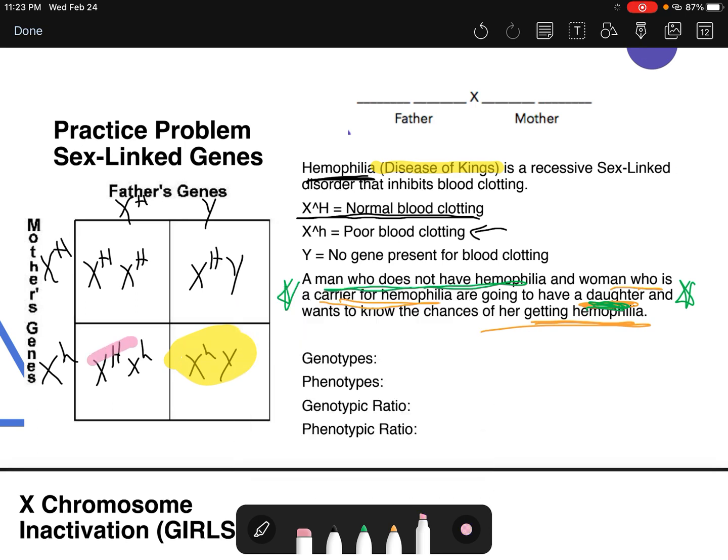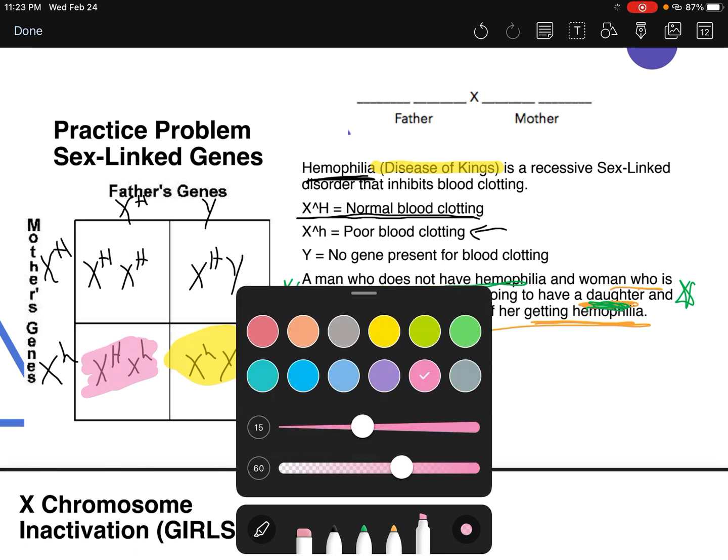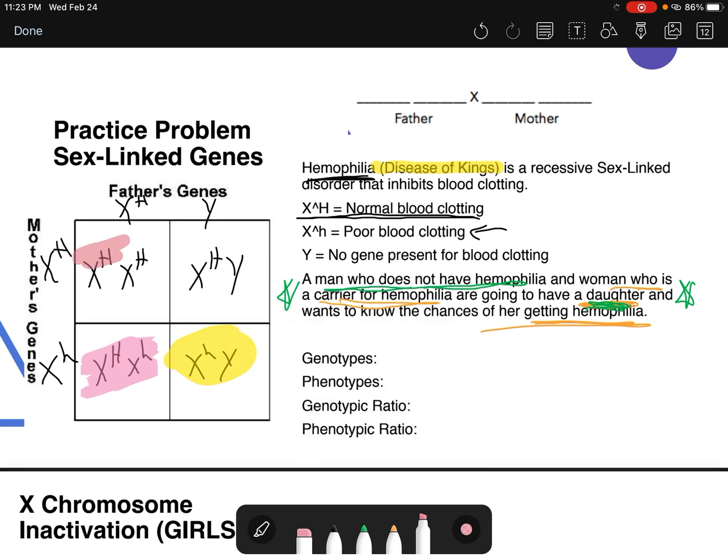We find one individual who will be a carrier for hemophilia. And then the other two individuals are going to be totally okay. They won't be a carrier. They will just be normal blood type.